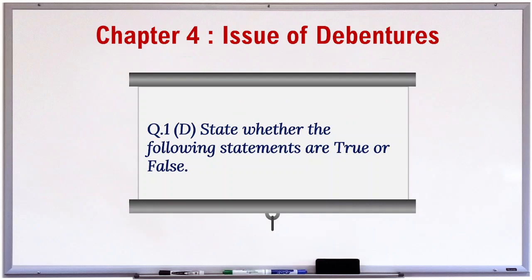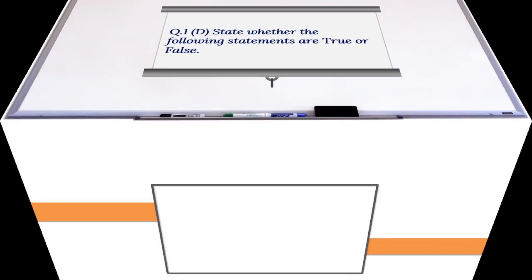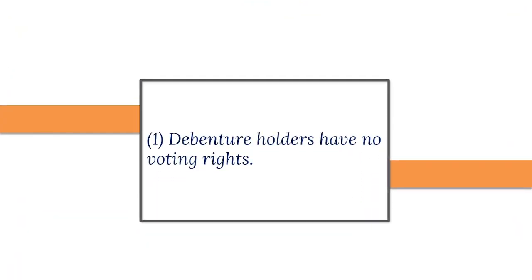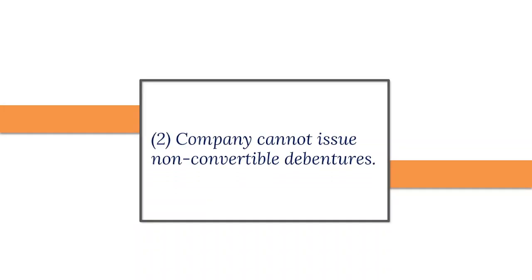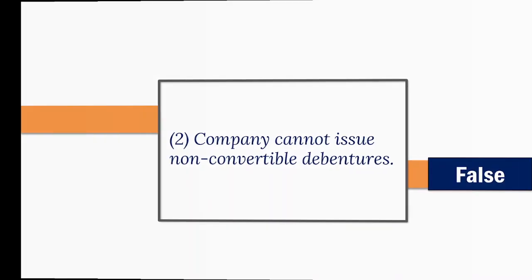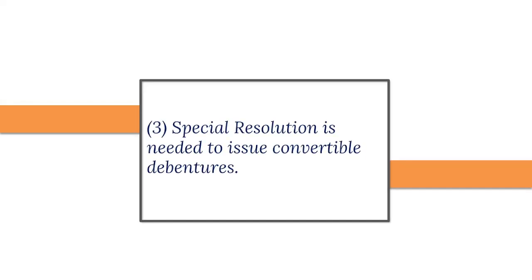Question 1. D. State whether the following statements are true or false. 1. Debenture holders have no voting rights. This statement is true. 2. Company cannot issue non-convertible debentures. This statement is false. 3.